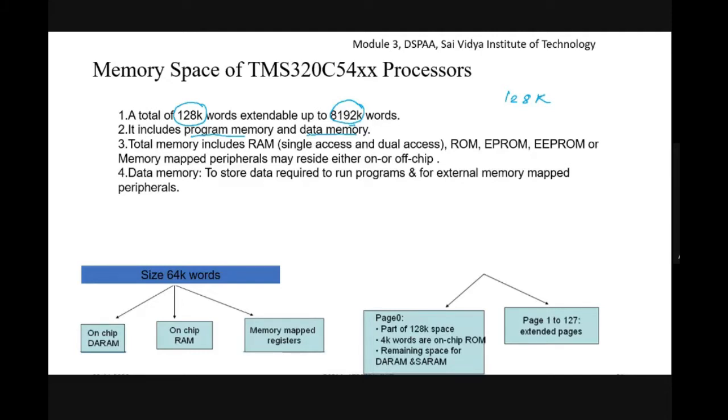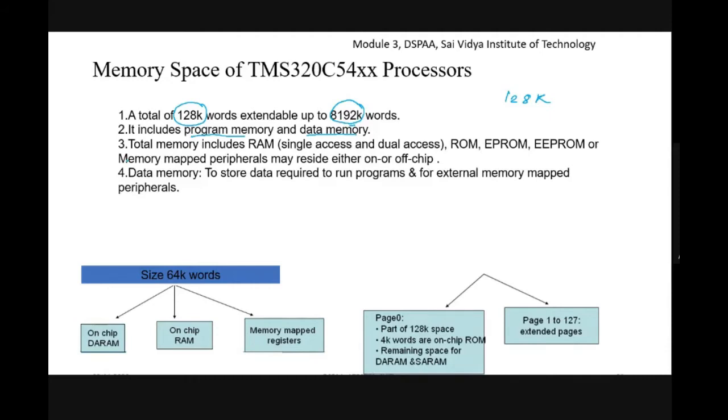We can have single access and dual access random access memory, read-only memory, EPROM, electrically erasable programmable read-only memory, EEPROM, and memory mapped peripherals. Memory can be provided on chip or off chip along with the TMS320C54XX processor.